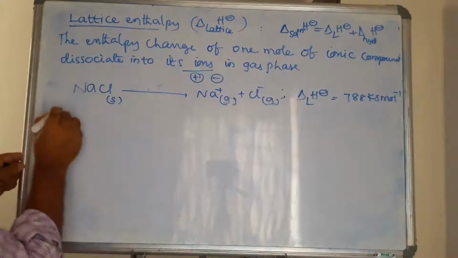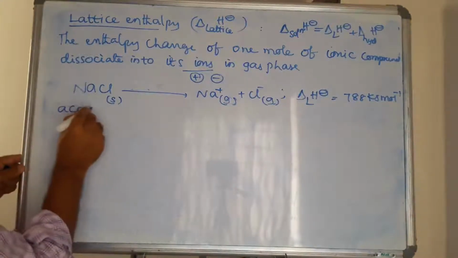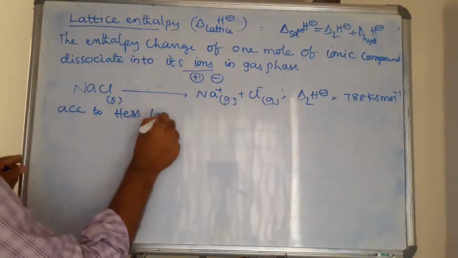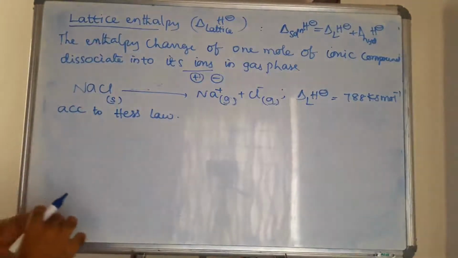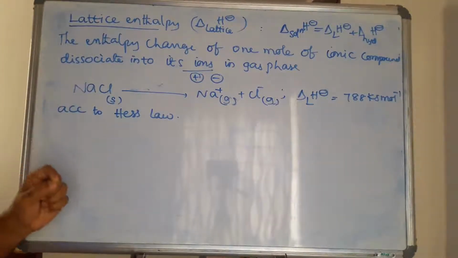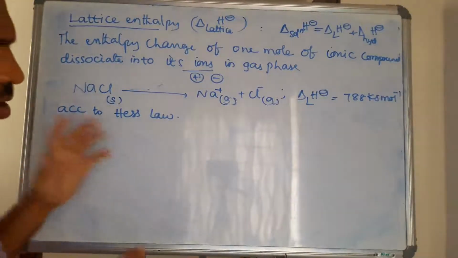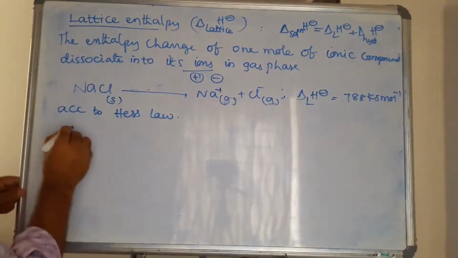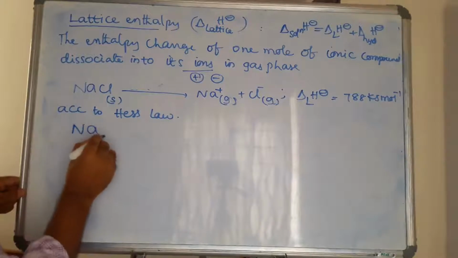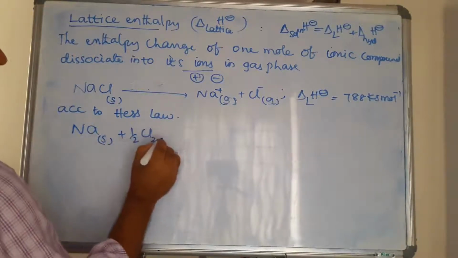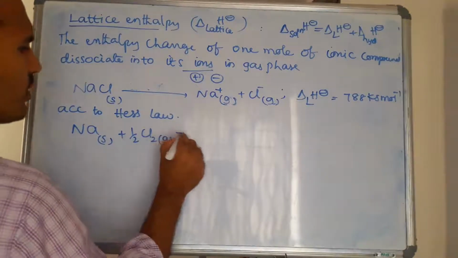Now we know that according to Hess law, what is the Hess law? The enthalpy change for a reaction is the same whether it occurs in a single step or a series of steps. So according to Hess law, now I want to write Na solid and half Cl2, this is in the form of gas.